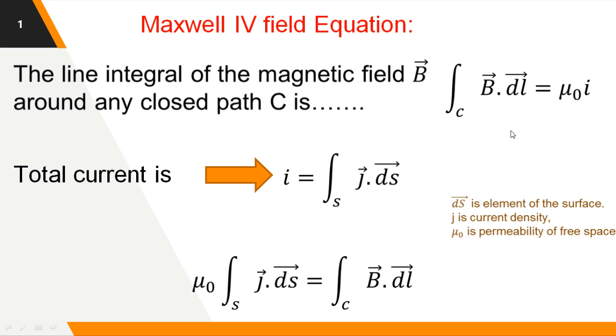If you multiply by area, area cancels, so in the place of I, I wrote J dot ds. The right hand side becomes mu naught J dot ds. Understood?